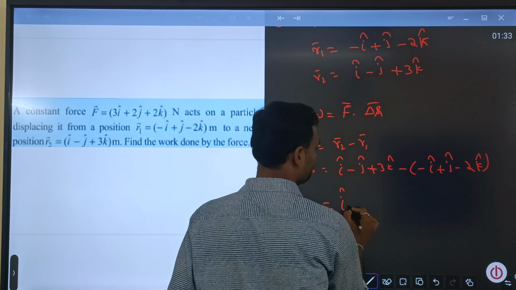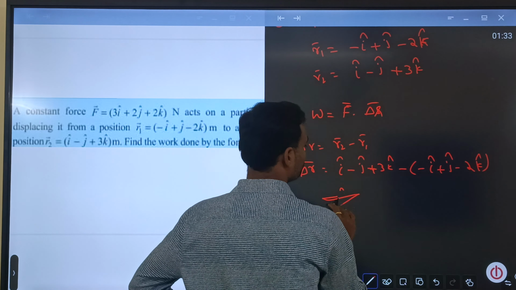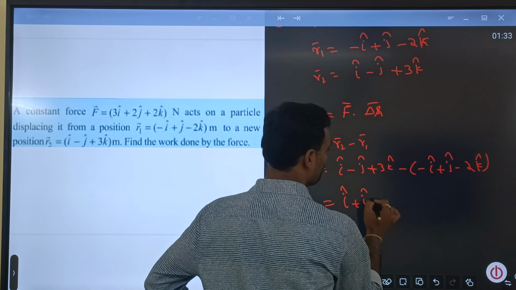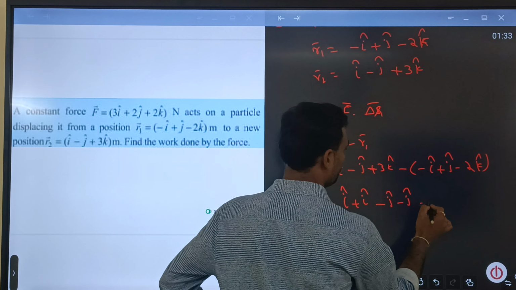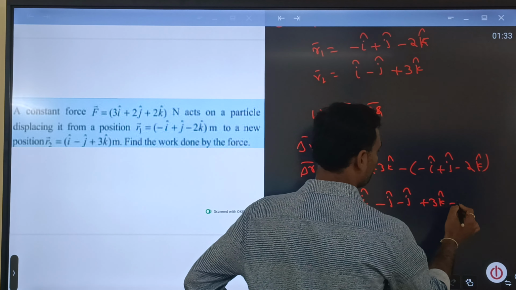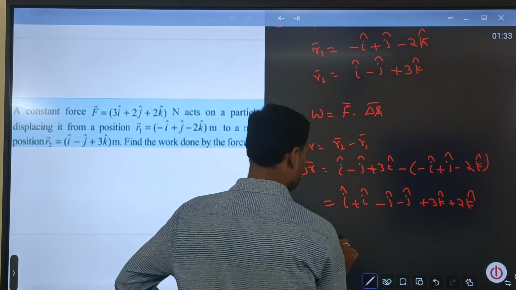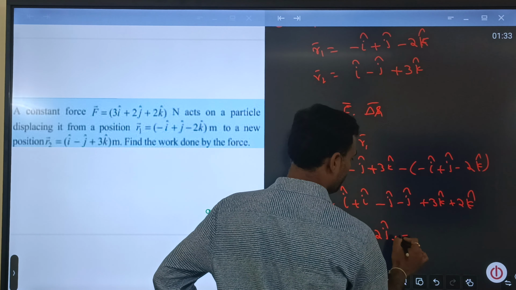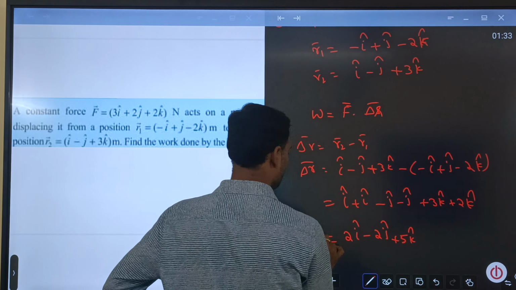Then this will be 2i minus 2j plus 5k, and this is what is the displacement.